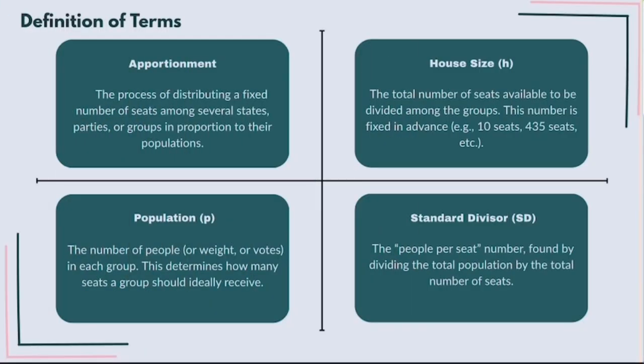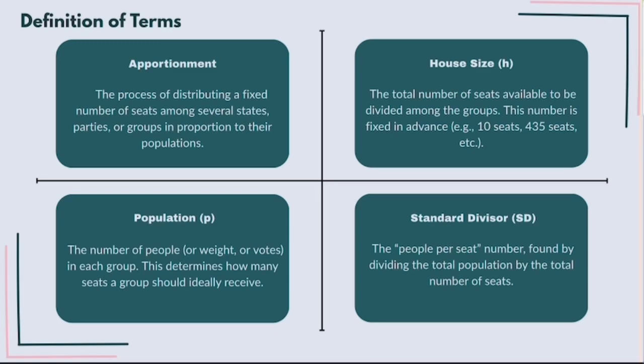Definition of terms under Jefferson's method. In Jefferson's method, there are 8 terminologies that are commonly used, and for the first one, we have apportionment. It is the process of distributing a fixed number of seats among several states, parties, or groups in proportion to their population.